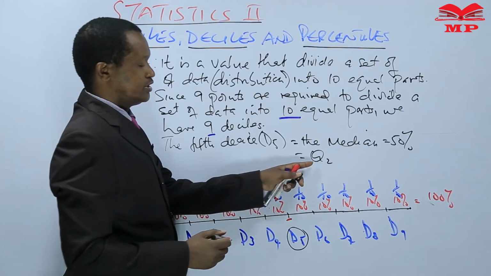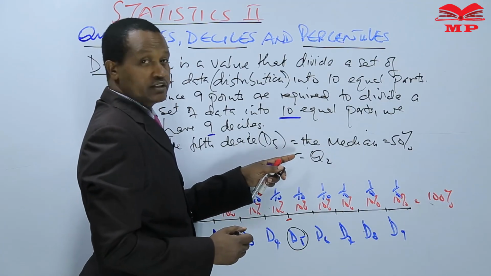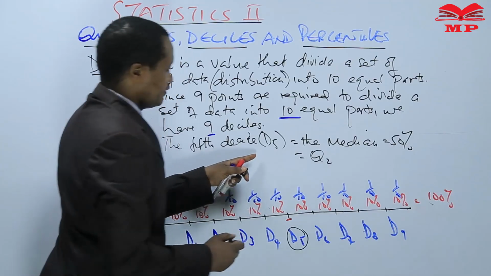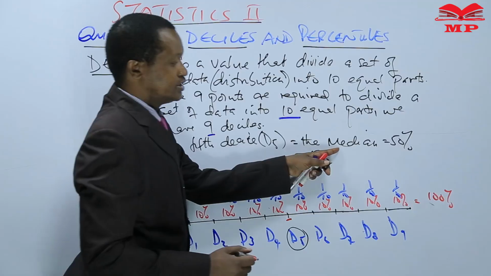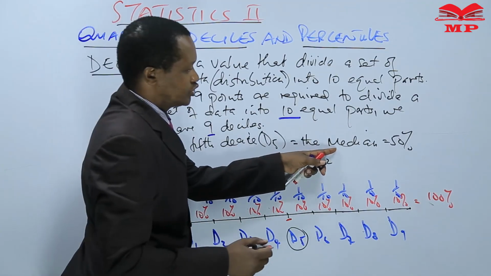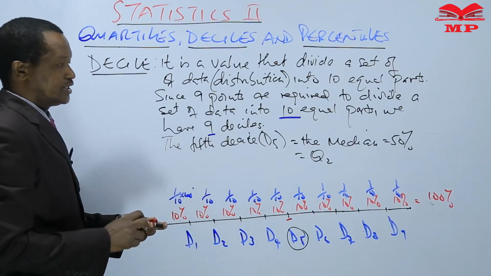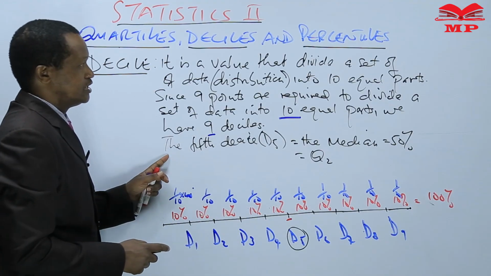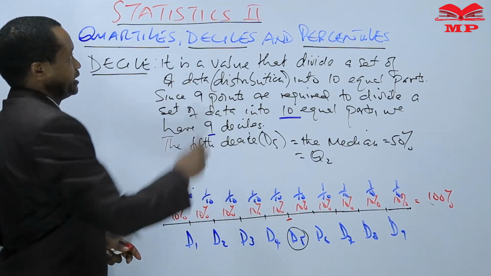Here I'm saying the fifth decile is equal to the median, and the median is also equal to the second quartile. So learners, let us now proceed and see how to calculate the decile.